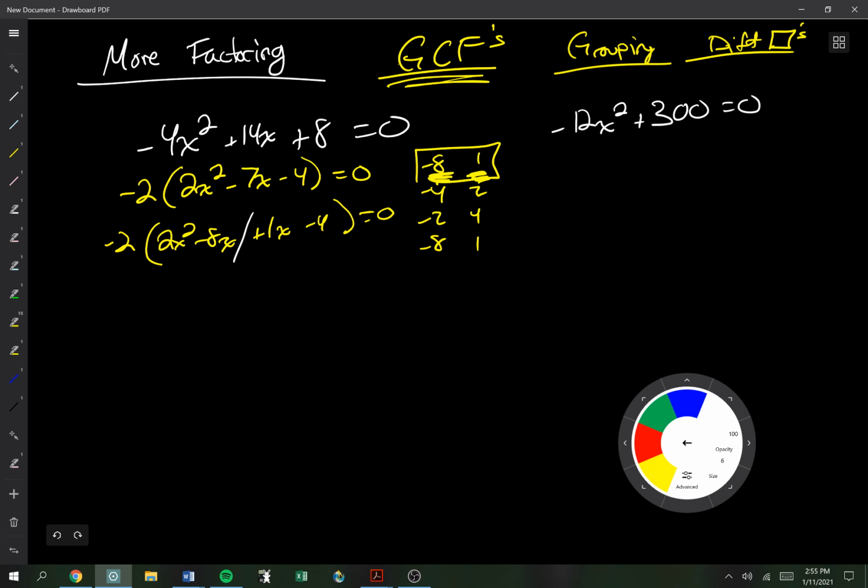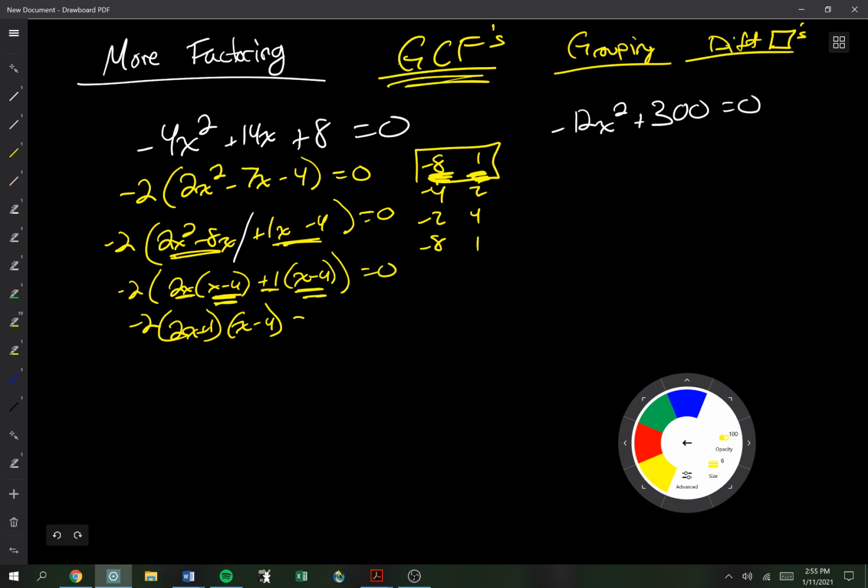So I cut this in half. Out of this half here, I can pull out a 2x, leaving me with x minus 4. Out of this half here, I can just pull out a 1, leaving me with x minus 4. These combine. And the negative 2 is still there.